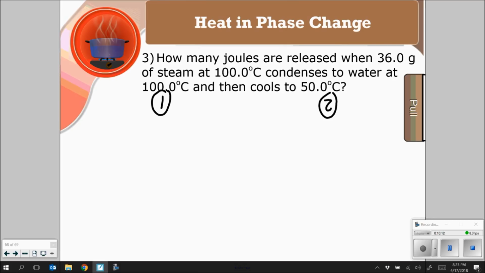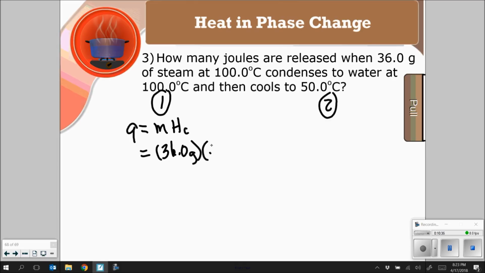Part 1 is going to be my phase change. So for this particular problem, that's going to be Q equals mass times heat of condensation. Remember, there's no temperature change here. So my mass is going to be 36.0 grams.